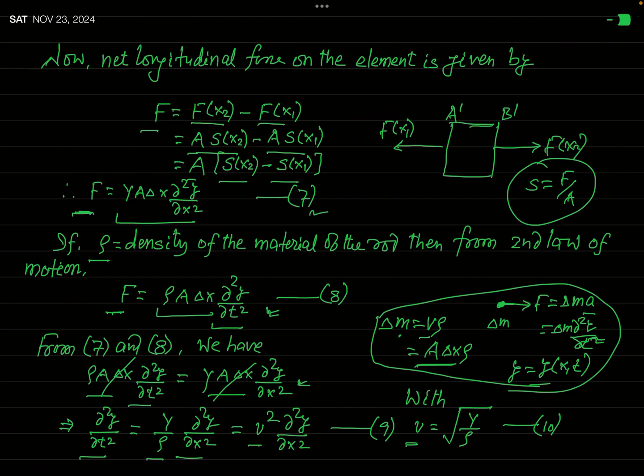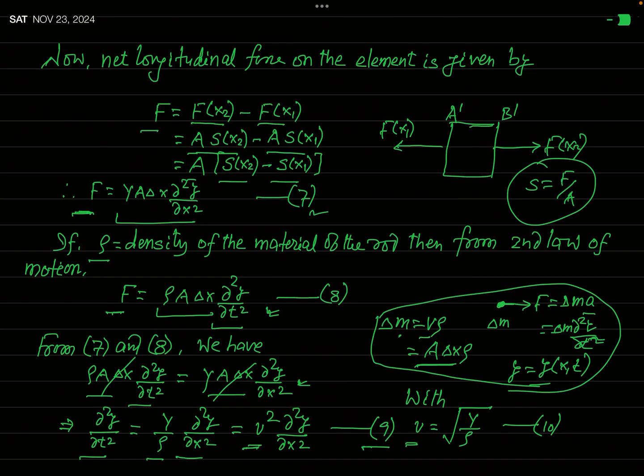Actually, here we will not say that it is velocity, but only that this is a constant factor. But you have already studied in my previous videos the classical wave equation. If you remember the classical wave equation in one dimension, you can see this equation is simply the classical wave equation.